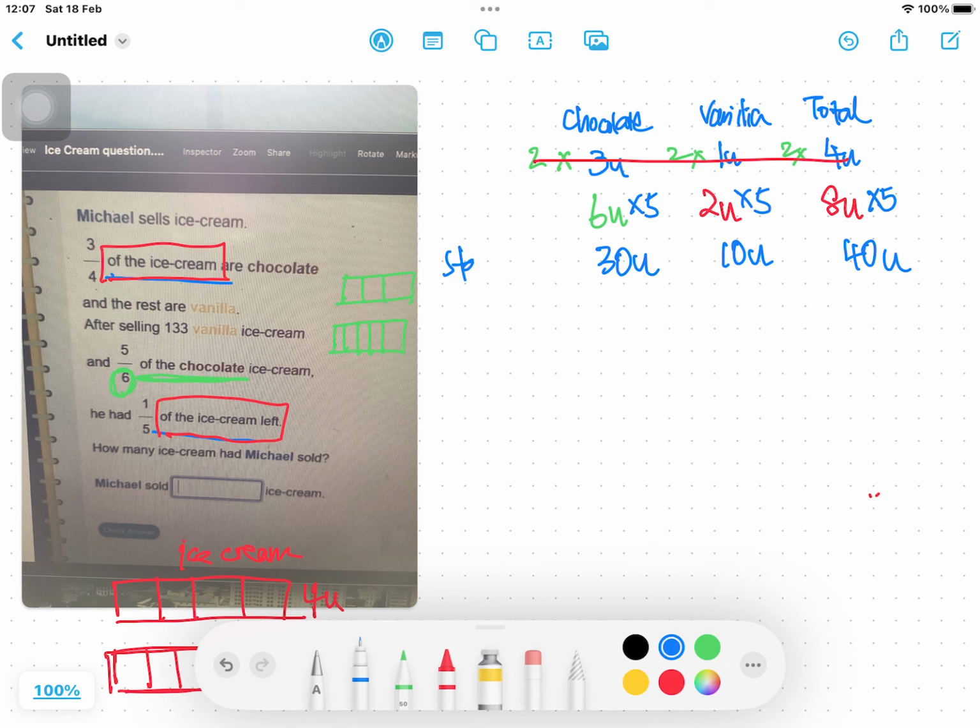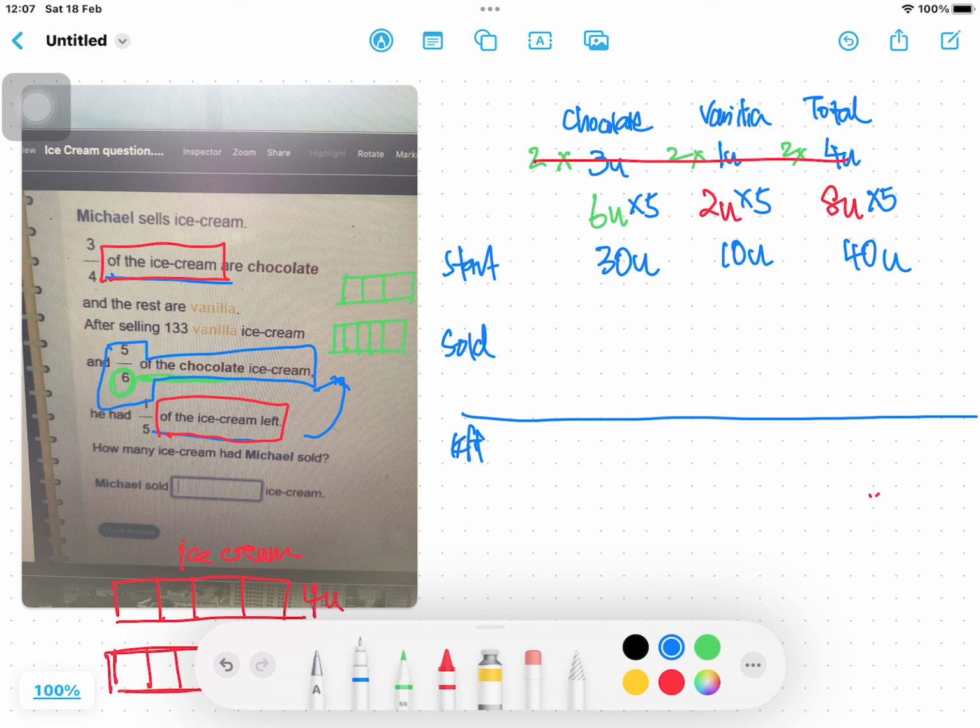So now at the start, and then left. So we go back to the question and follow the question again. So it says 5/6 of the chocolate ice cream sold. Correct?